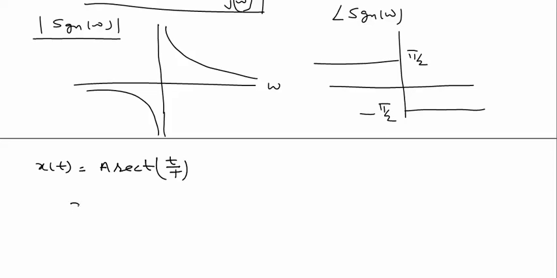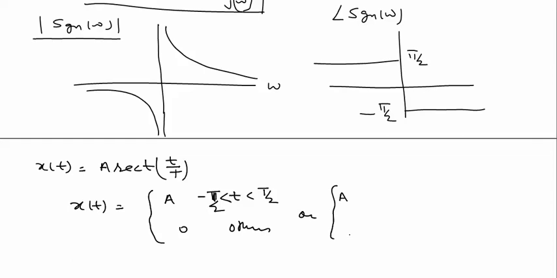Mathematically, the rectangular pulse is denoted as A for the range of minus T by 2 to plus T by 2, otherwise 0. We can rewrite it in this way mathematically.